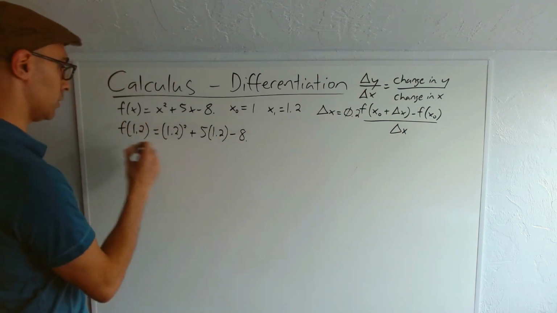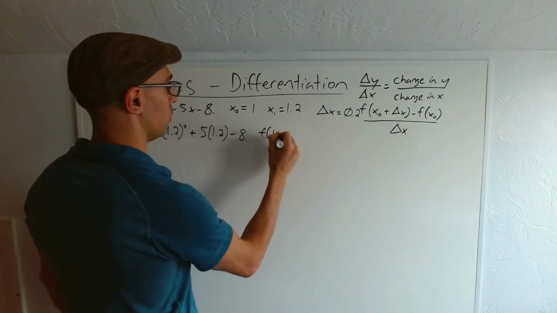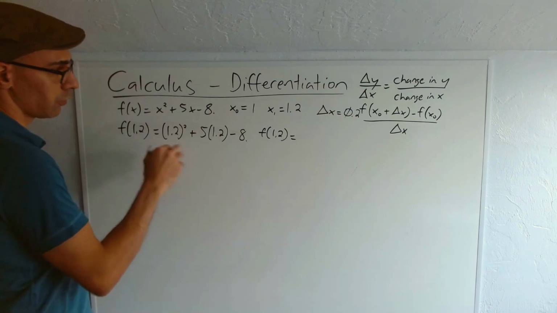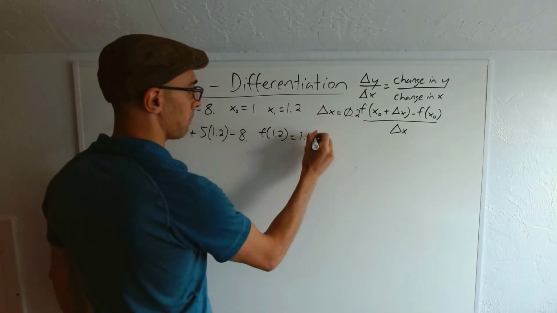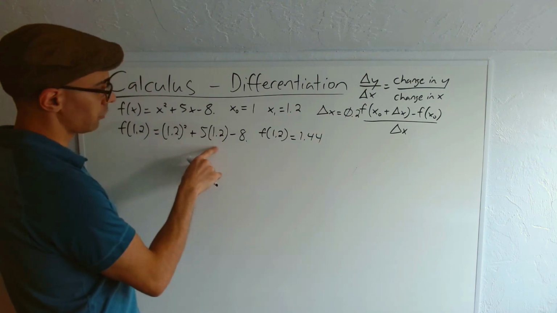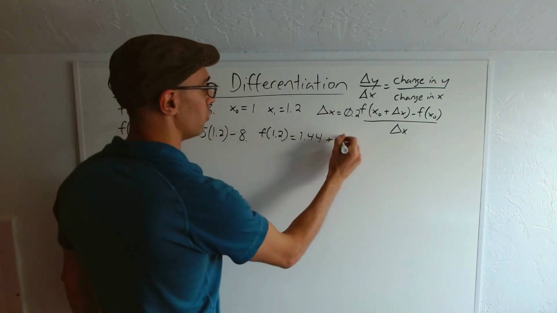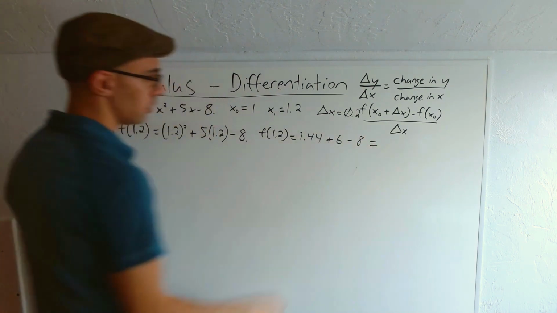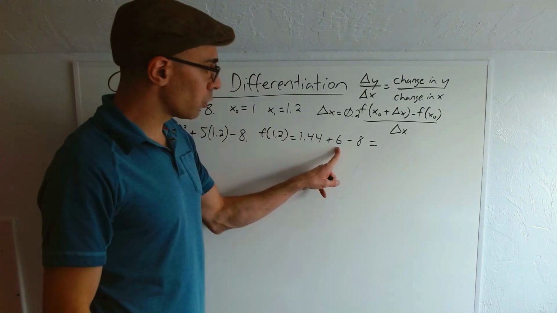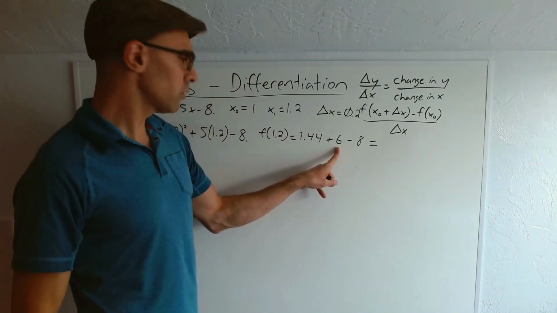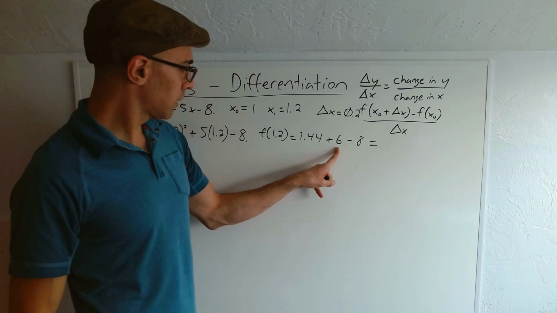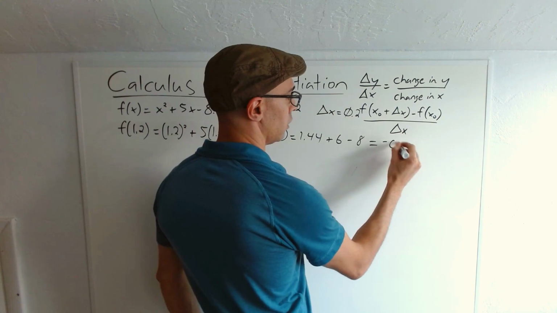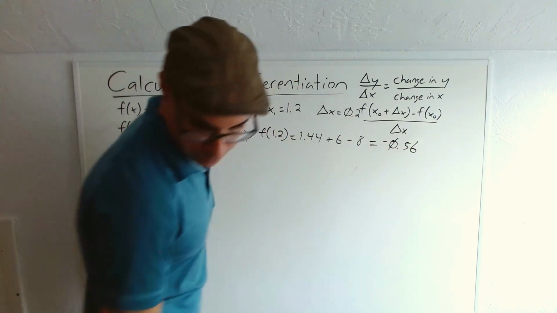And so what is this? f of 1.2 is, what's 1.2 squared? 1.44, plus 5 times 1.2, which is 6, minus 8. And what does that give us? 7.44 minus 8 is negative 0.56, right? Yes. Negative 0.56.